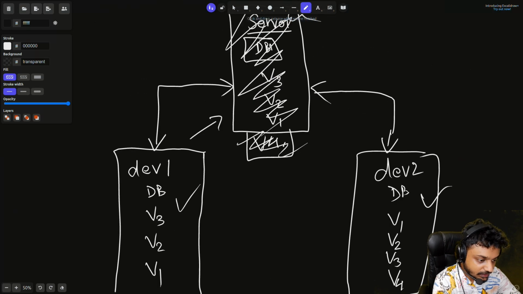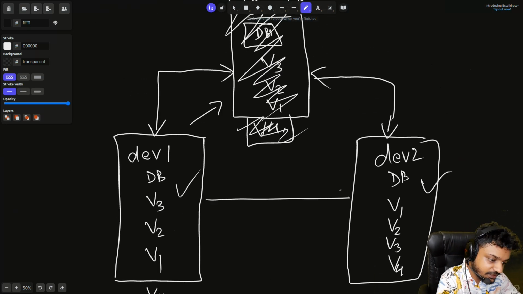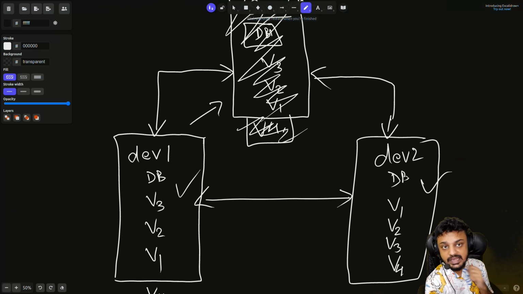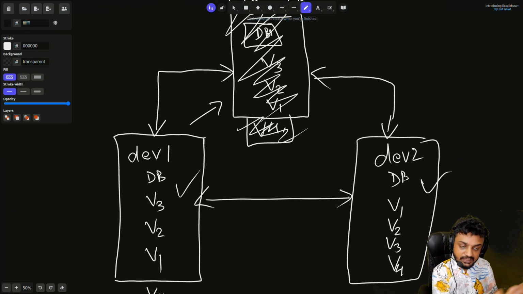So this is the distributed version control system, where instead of the server having the entire history and the people using it having just one specific version, whenever you clone a project, you get the entire history.